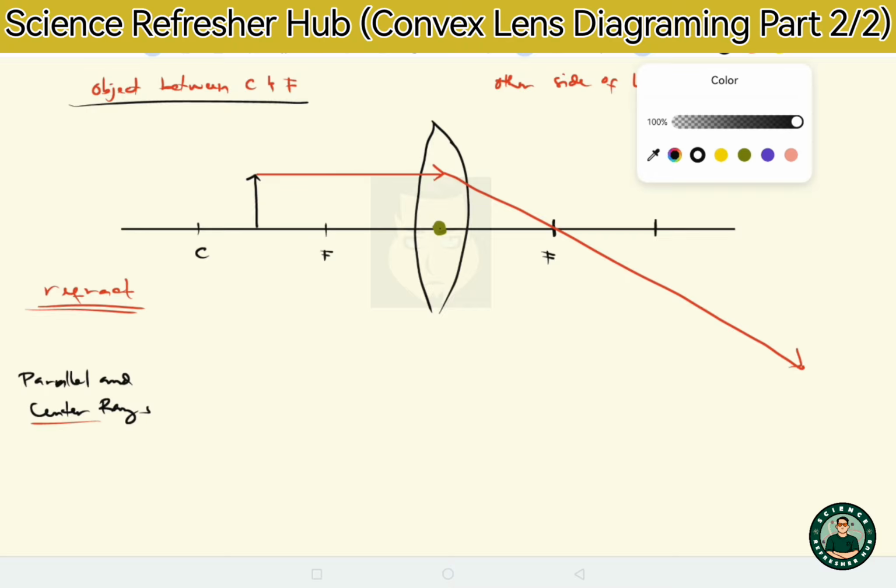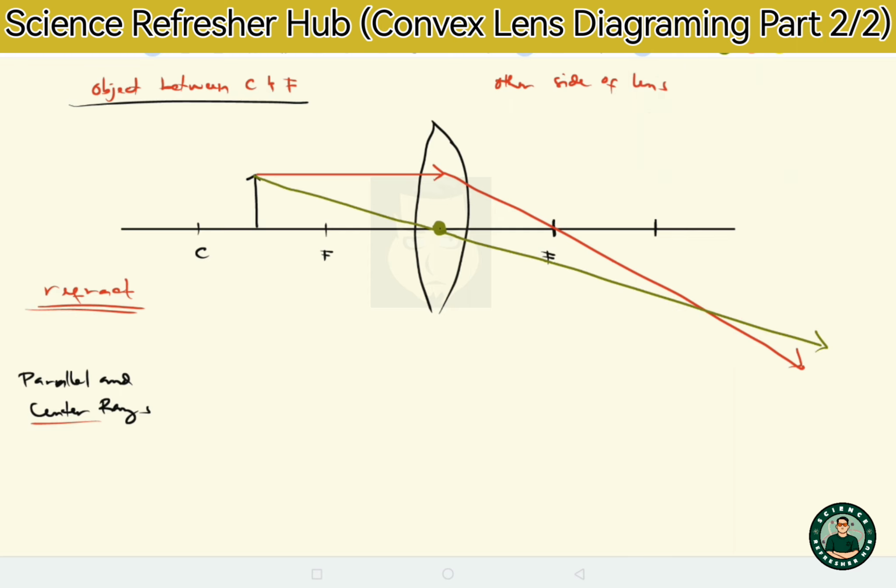Okay, let's use another color. From the tip going to the center and then passing through straight. No bending. And if you can see, there's a point here where our rays meet. That is where our image will be formed. So in that case, let's try to know what kind of image is formed.